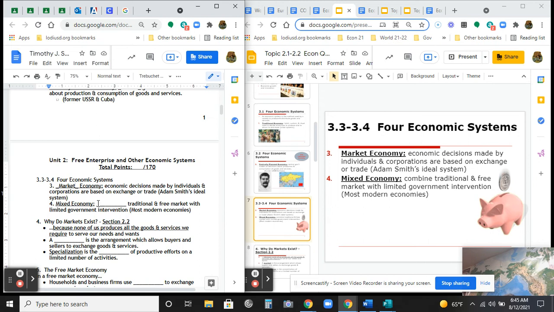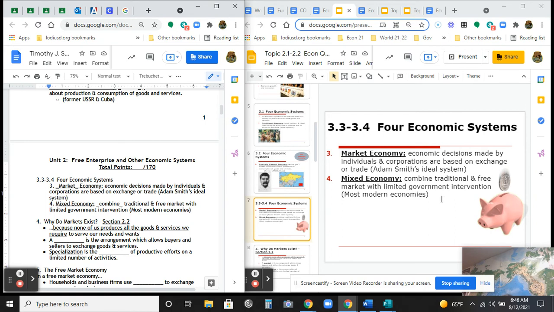A mixed economy would tend to combine several of these elements or a few of them. Could be traditional and free market with limited government intervention. This is most modern economies because even though we generally trust the market to regulate, we want to make sure there's a safety net.